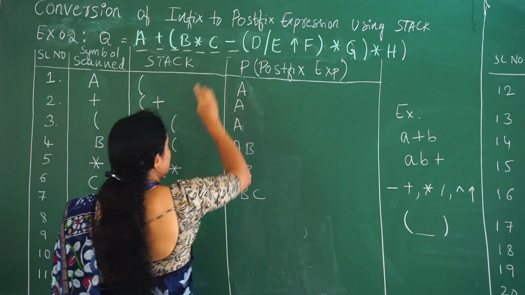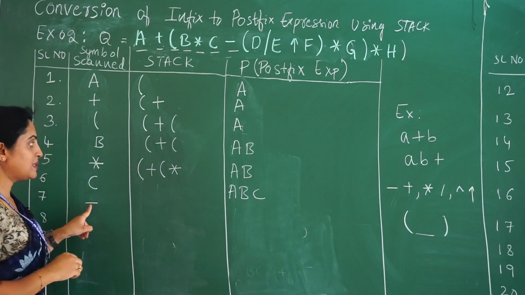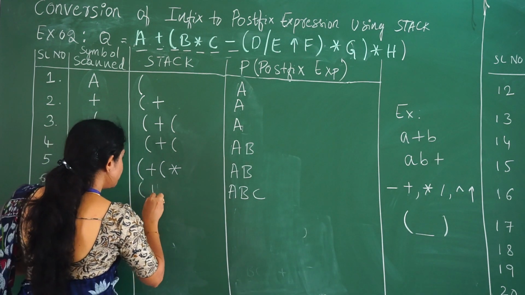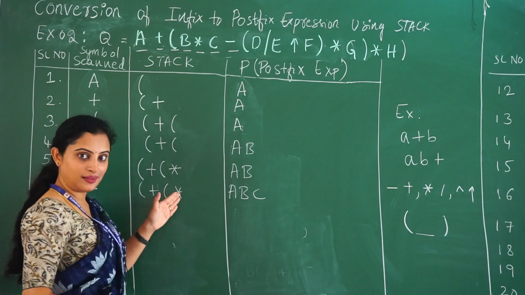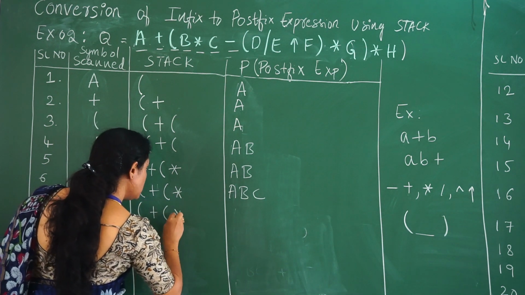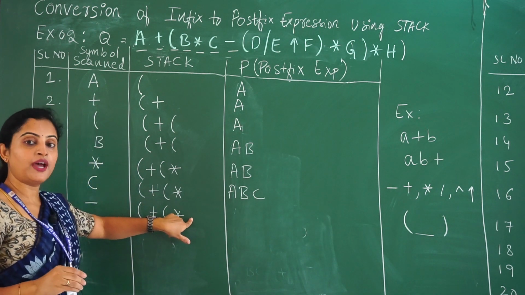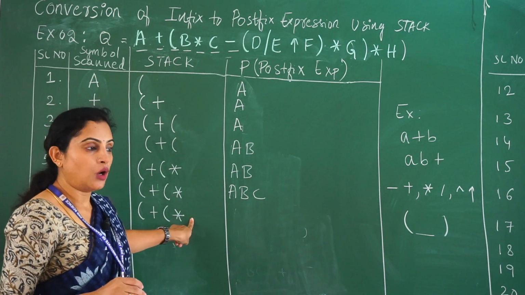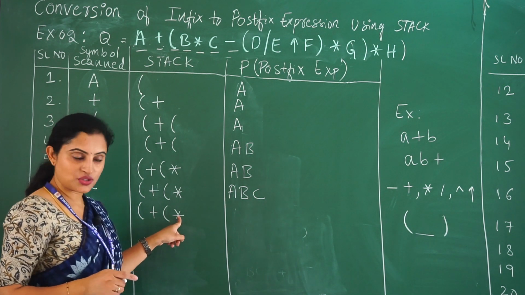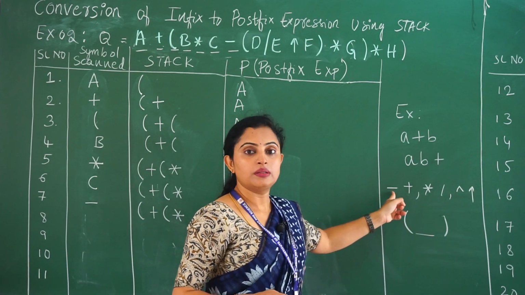So the next scanned symbol is minus. Since minus is an operator, we have to push it inside the stack. When we are pushing this minus into the stack, we have to check the top operator inside the stack. The top operator inside the stack is an asterisk, which has higher precedence than the minus.